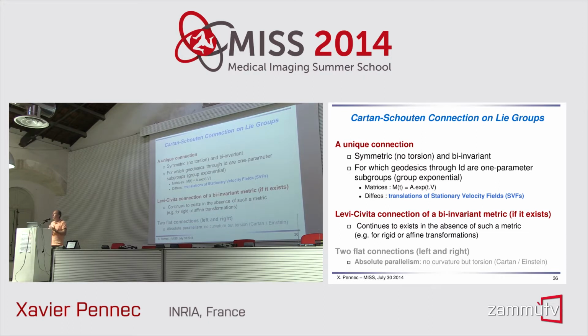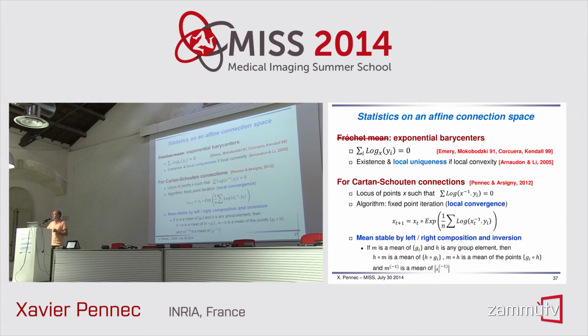So if you remember what I said at the end of the presentation on demons yesterday, the log demons is exactly that. It's the idea that we can parameterize deformation by the flow of a stationary velocity field. Now, if we just compose on the left or on the right, we obtain geodesics for this Cartan connection. So this is actually the setting which is behind all the log demons and the stationary velocity field.